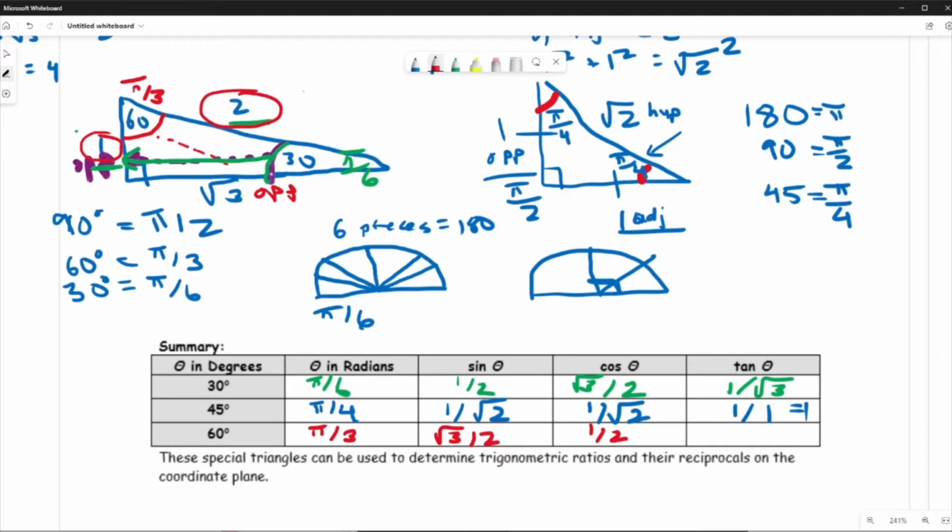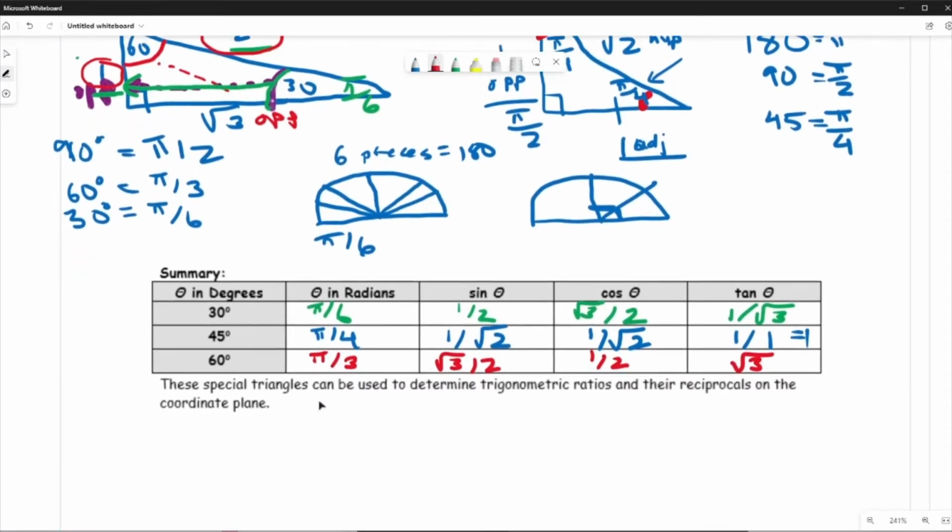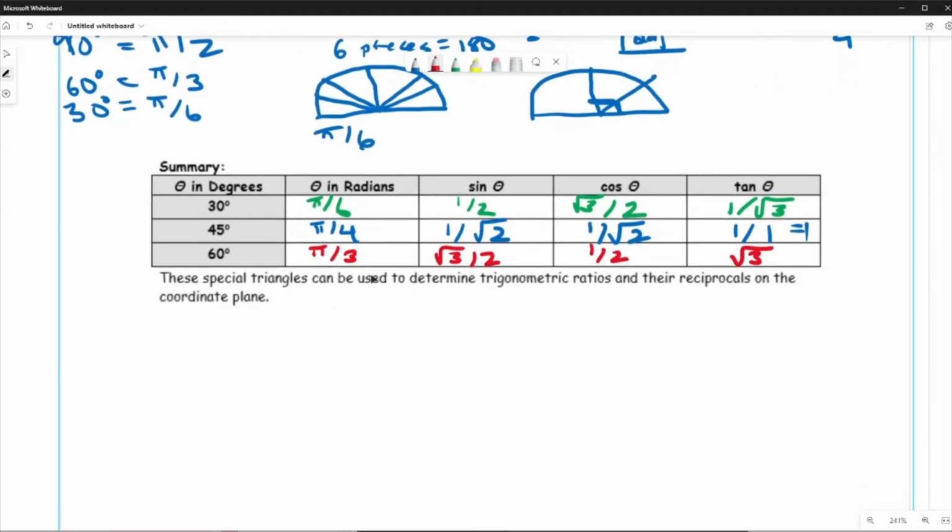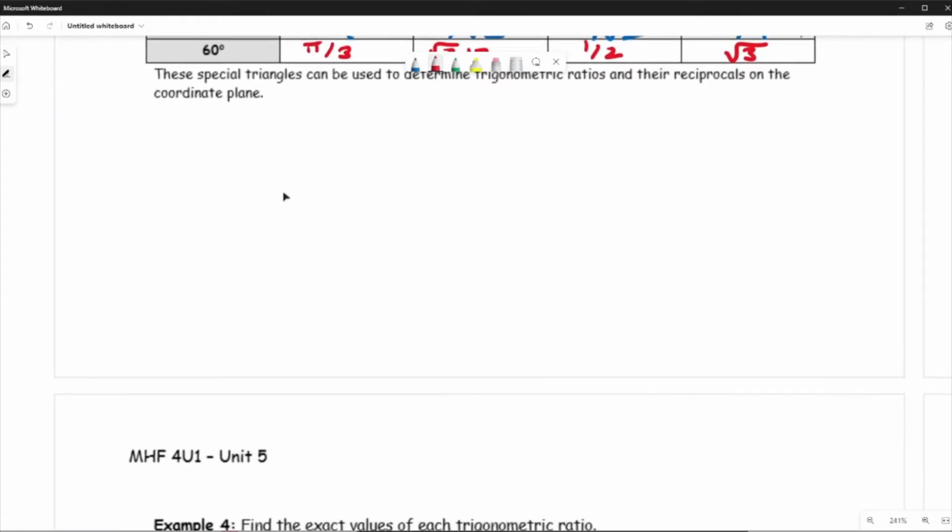And the tangent would be the opposite, root 3, divided by the adjacent of 1, which is root 3 as the tangent. Okay? And those angles are really important. Special triangles can be used to determine trigonometric ratios and their reciprocals on the coordinate plane. Now this is the big idea we're moving towards today.